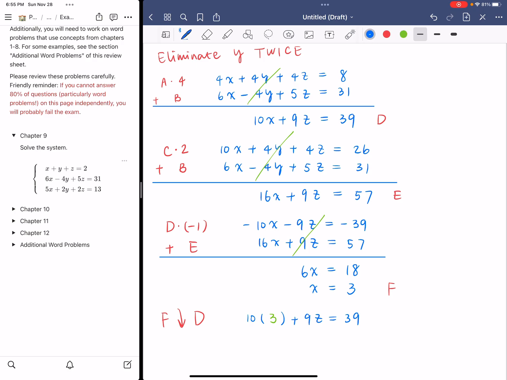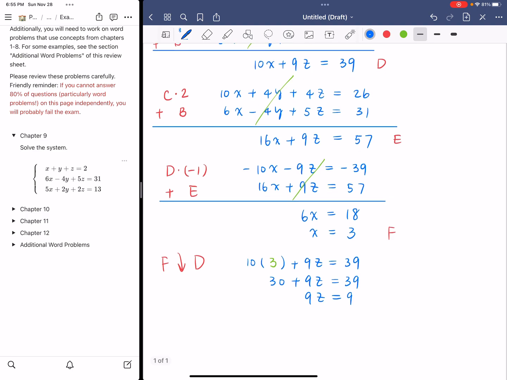So let's calculate what that is. You have 30 plus 9z equals 39. Subtract 30 from both sides. 9z equals 9. So that means our z is 1. Let's label that as equation G.